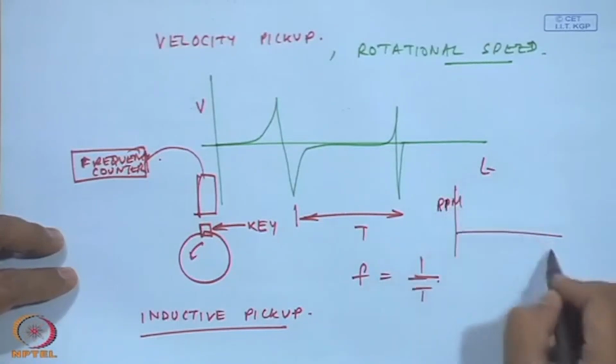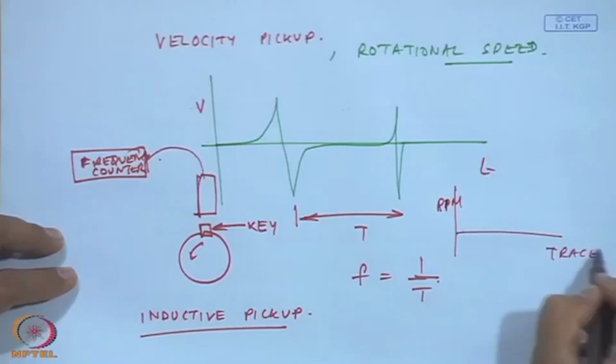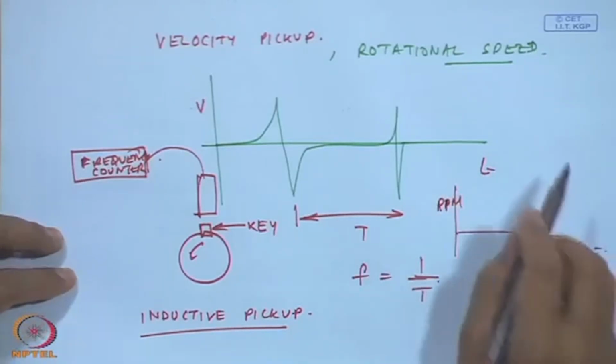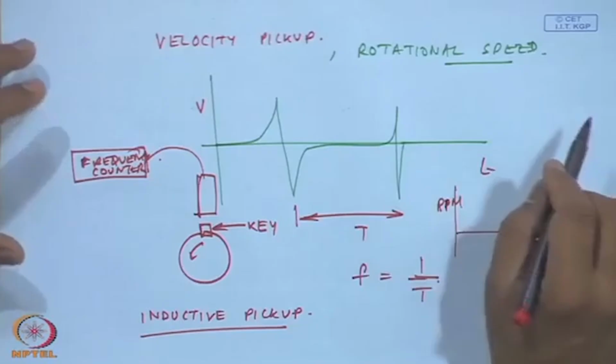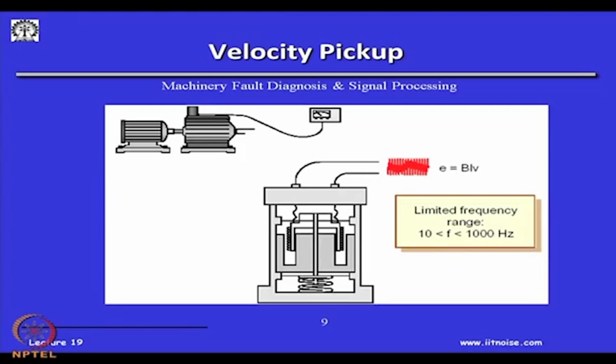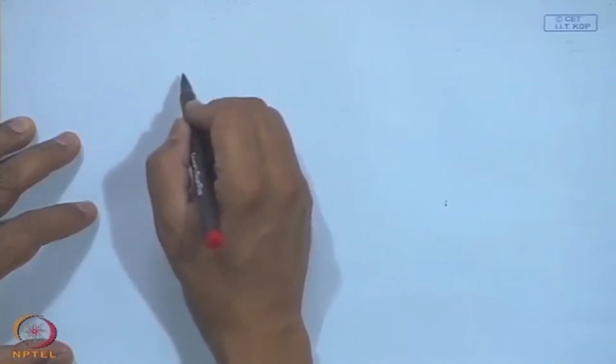Now, in earlier days, when the piezoelectric accelerometers were not developed, people were using such moving coil velocity pickups and eddy current pickups. But nowadays, with the piezoelectric accelerometers available, we have only two important parameters which you need to measure.